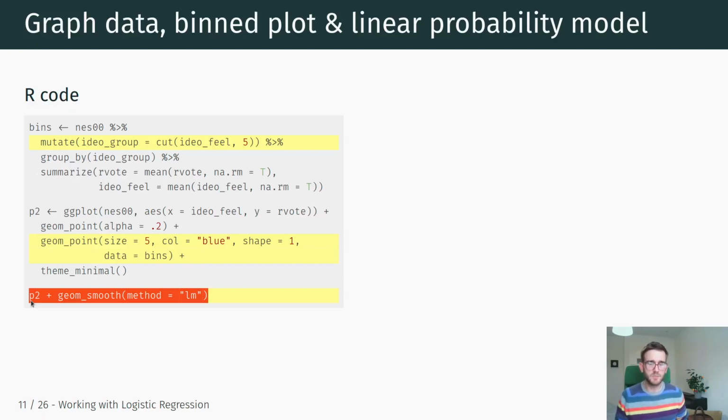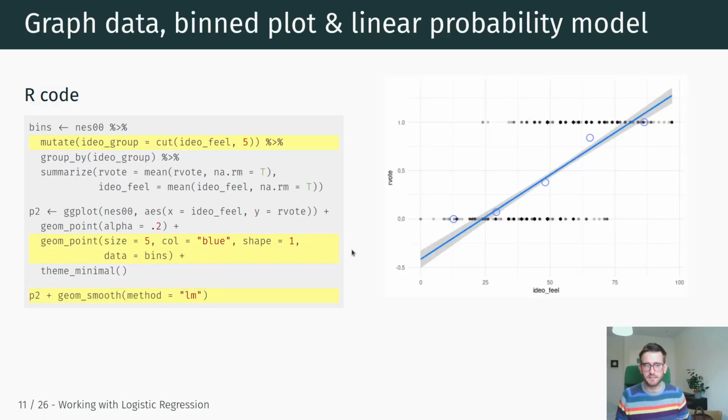Remember last week we talked about the linear probability model as, in a lot of cases, a really good approximation to examine predictors of dichotomous dependent variables, particularly in the case of experiments and things like that. And this is the resulting R output.